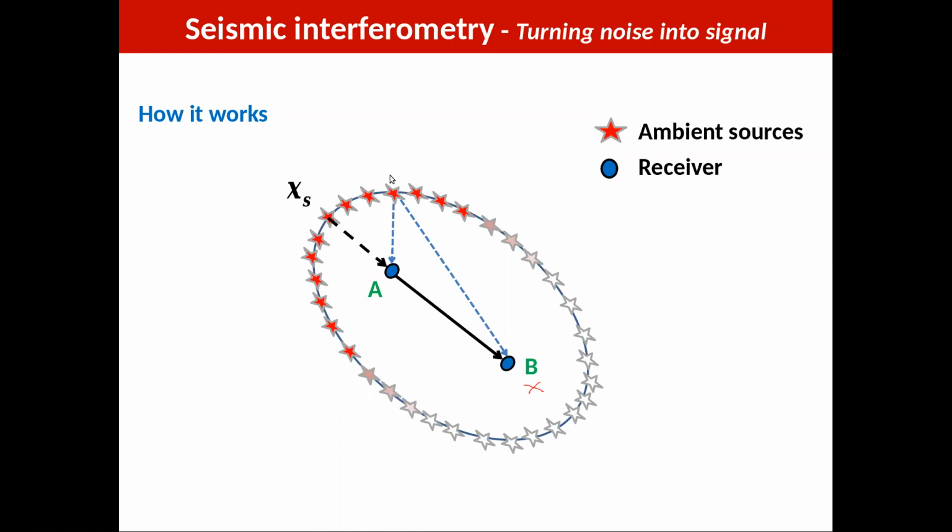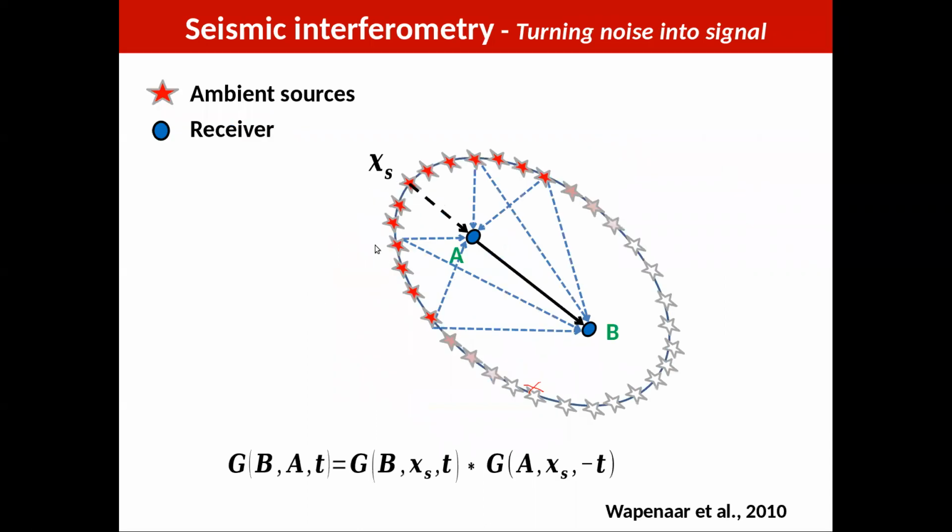Okay, if there is a noise source here, then in this case, we will record at A and at B. But then there is no way of retrieving the travel time between these two stations, okay? But the good thing is the noise sources are all around. So if another source is here, these sources don't provide any information between the two stations. We just record them.